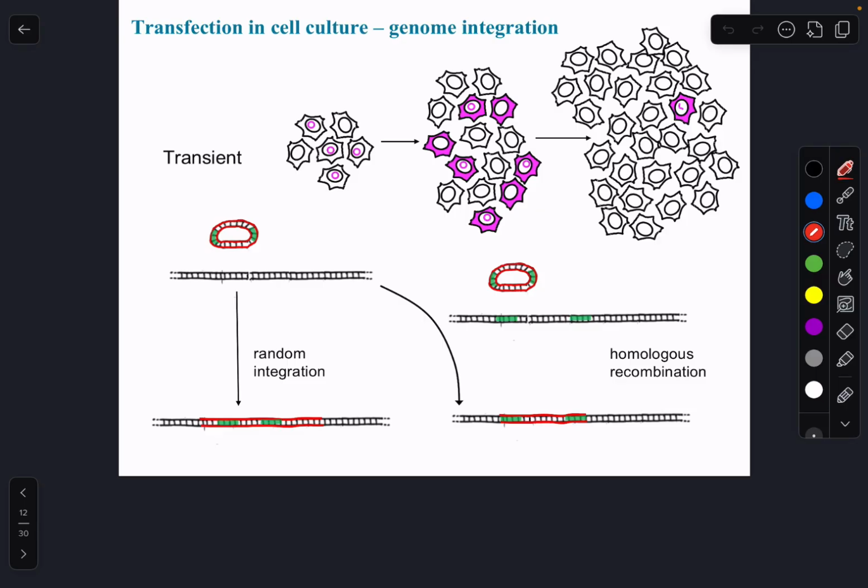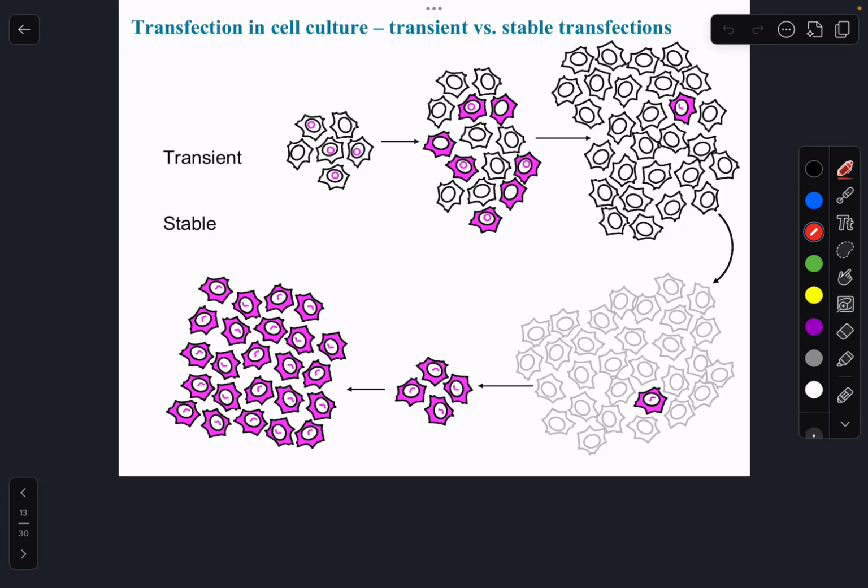So, every once in a while, cells, instead of destroying those vectors that we put in them, will actually incorporate them into their genome. And when that happens, which is going to be very rare, there may be 1 out of tens of thousands of cells that incorporated that vector into their genome, thinking it was DNA that always belonged to the cell and that it was recovering through these emergency mechanisms.